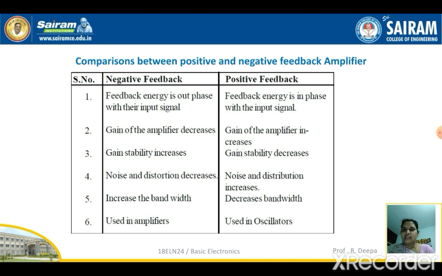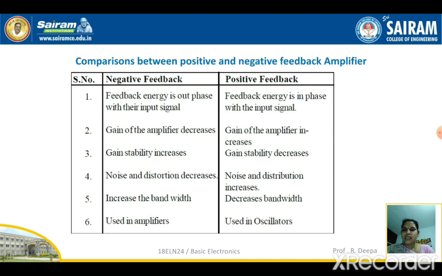The gain of the amplifier is less in negative feedback, whereas in positive feedback it is more. Gain stability increases in negative feedback, and in positive feedback gain stability decreases. Noise and distortion are less in negative feedback, whereas in positive feedback they increase.